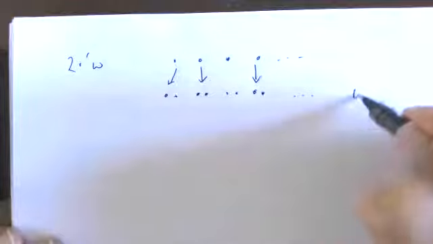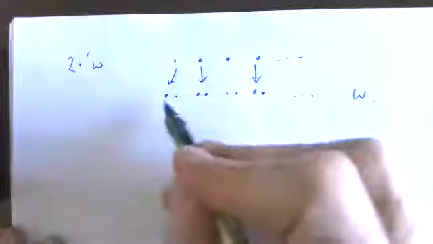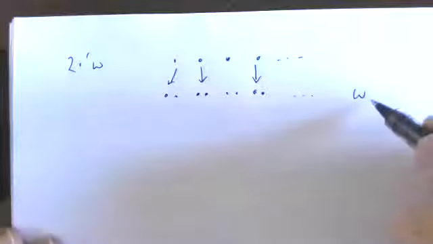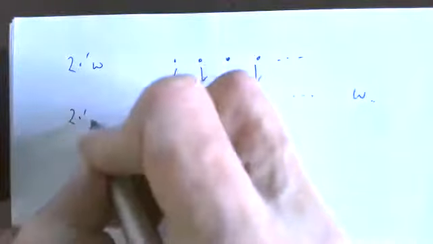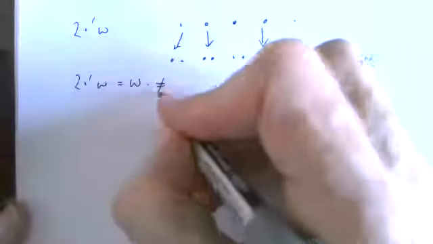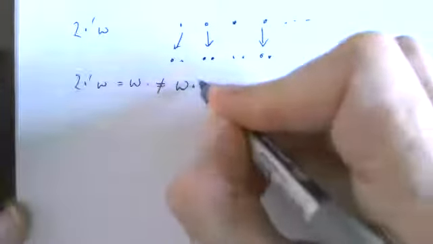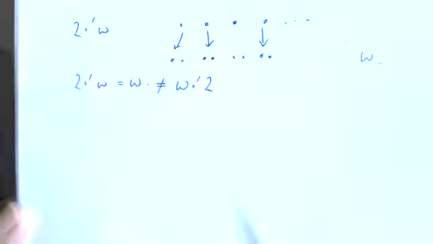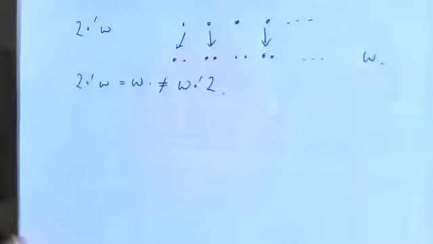This just looks like omega. So the order type of this picture is omega. So we're going to write this. And we saw that this was different from omega times 2. Actually, I used 3 in the above.